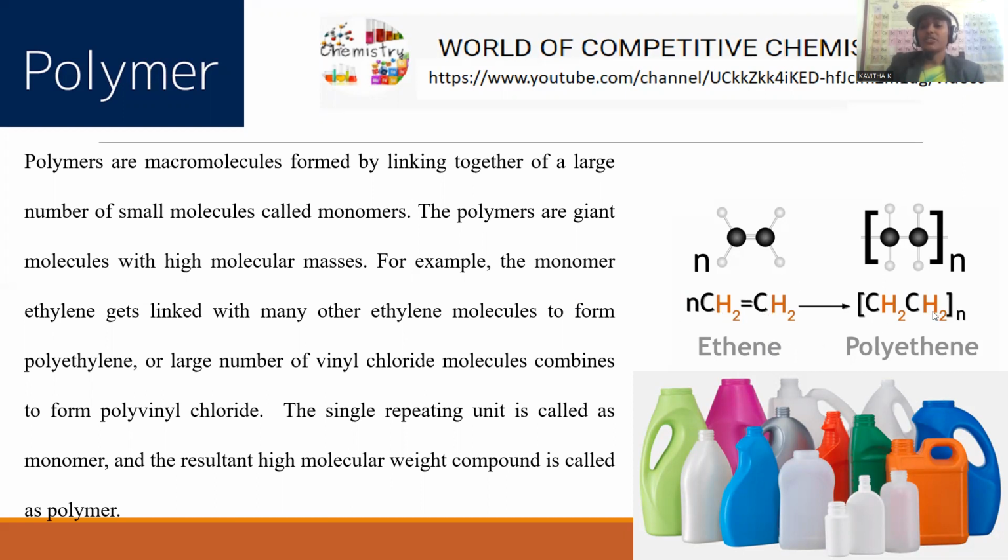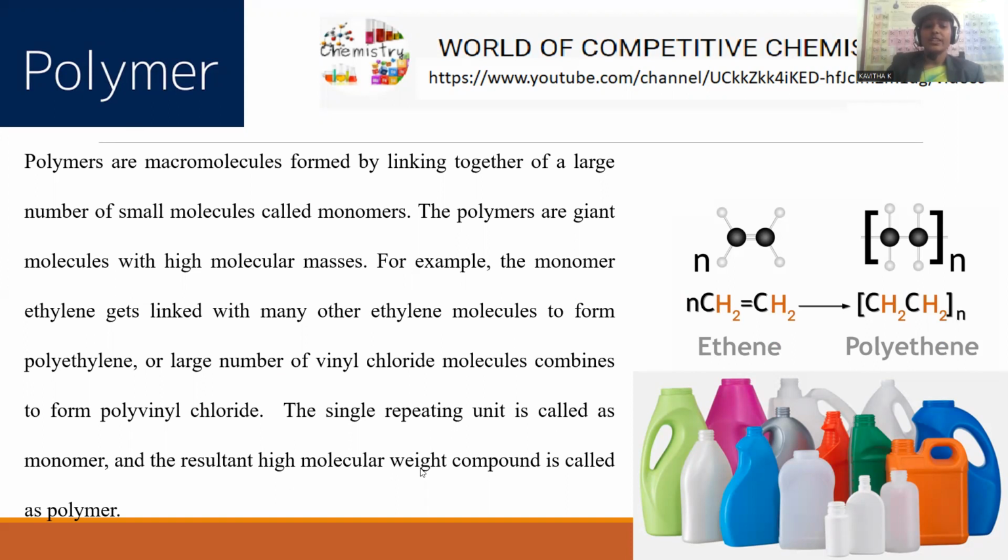The polymer generated will contain one hydrogen replaced with chlorine, and the remaining structure resembles polythene exactly. Vinyl chloride is a monomer, and the subsequent polymer formed is called polyvinyl chloride, PVC. That will be the final product we achieve by the process called polymerization.